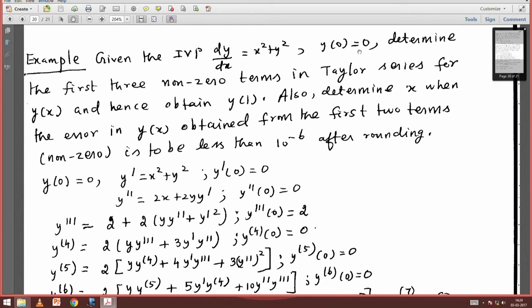So, there are 2 parts to it. One is to take the first 3 terms in the Taylor series for y of x and obtain the value of y at 1. So, let us first look into the details.